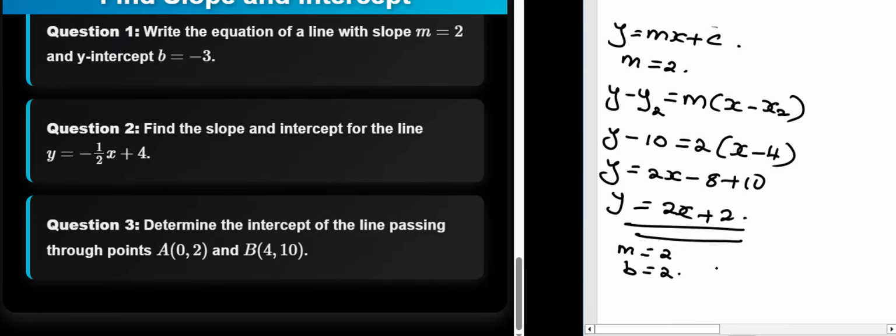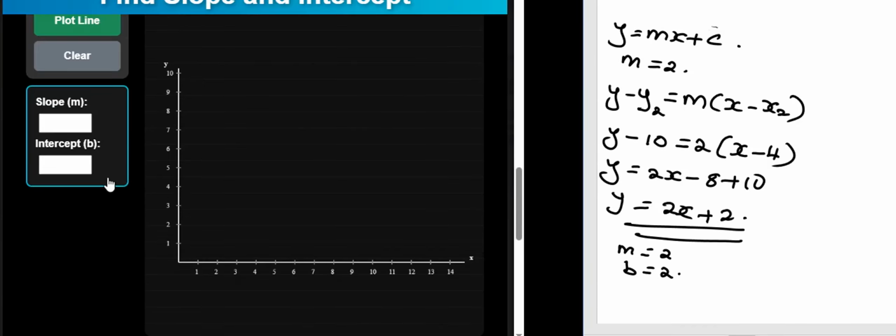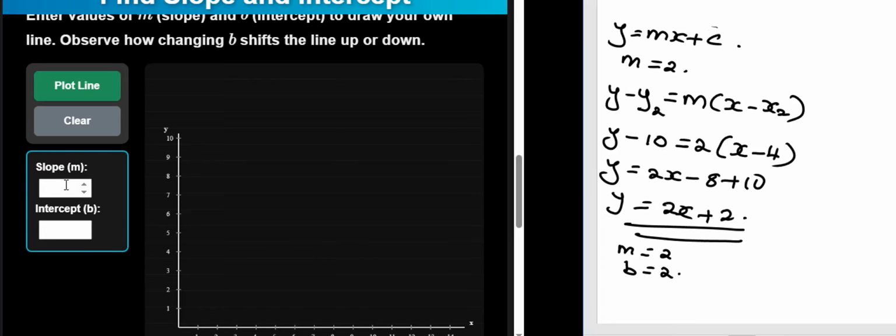Can we try to enter these values in our interactive graph and see if it will give us the equation as y is equal to 2x plus 2. So the slope is 2 and the intercept is also 2. Let's plot the line. Yes, you see, it gives us the line as y is equal to 2x plus 2, the same we got here.